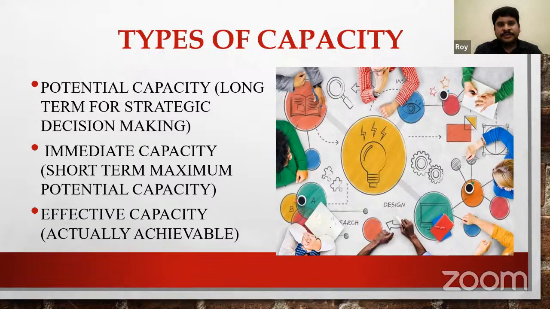Whenever you require, you will go with that. Third one is the effective capacity, the actually achievable capacity. Actually how many products you can produce, or how much your capacity is, we call an effective capacity. In another term, this is what you can actually achieve at a point in time.